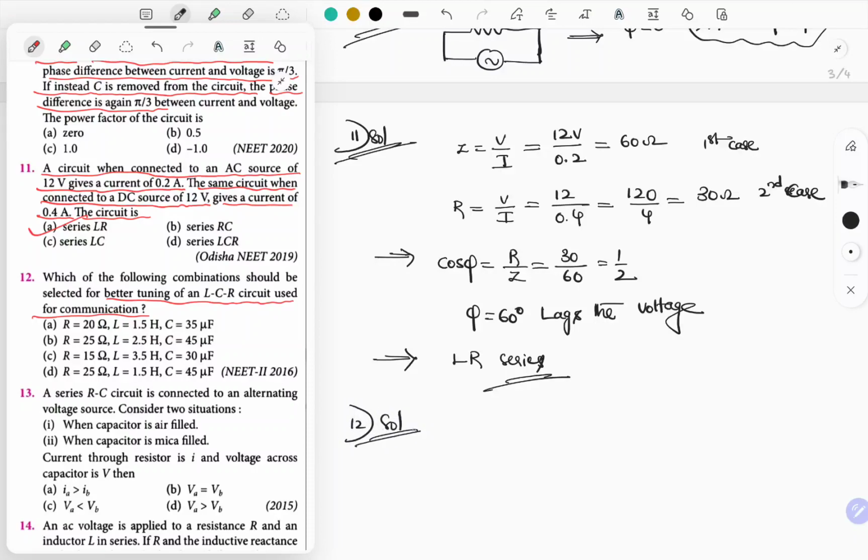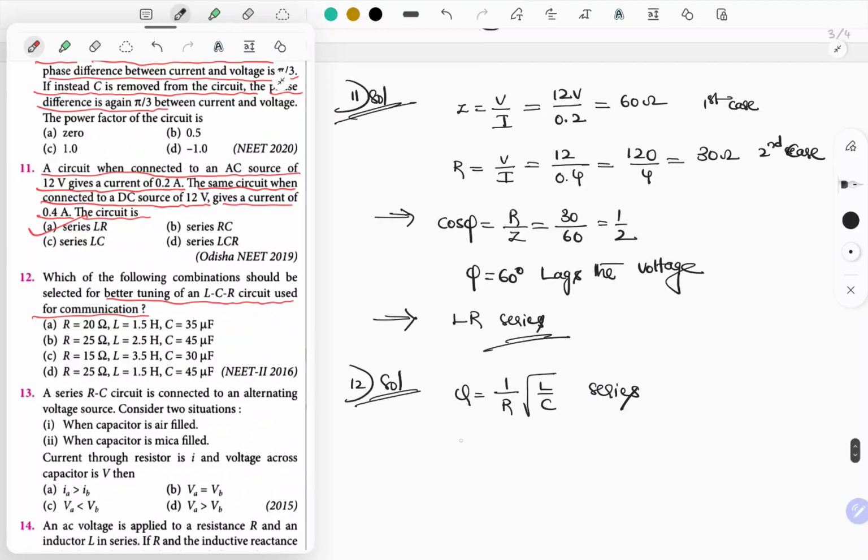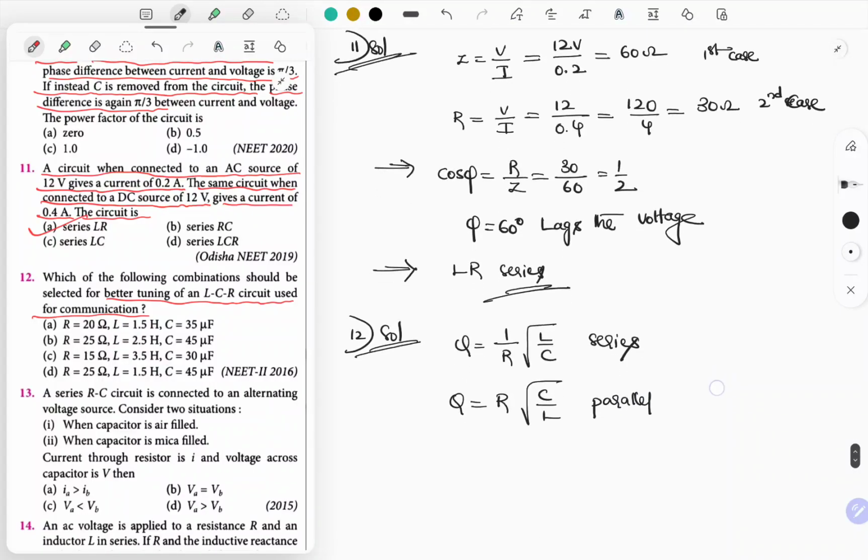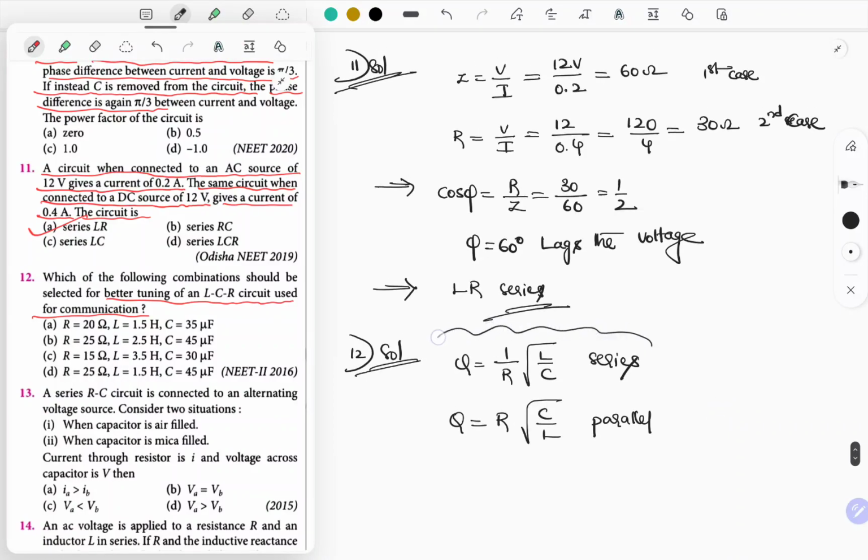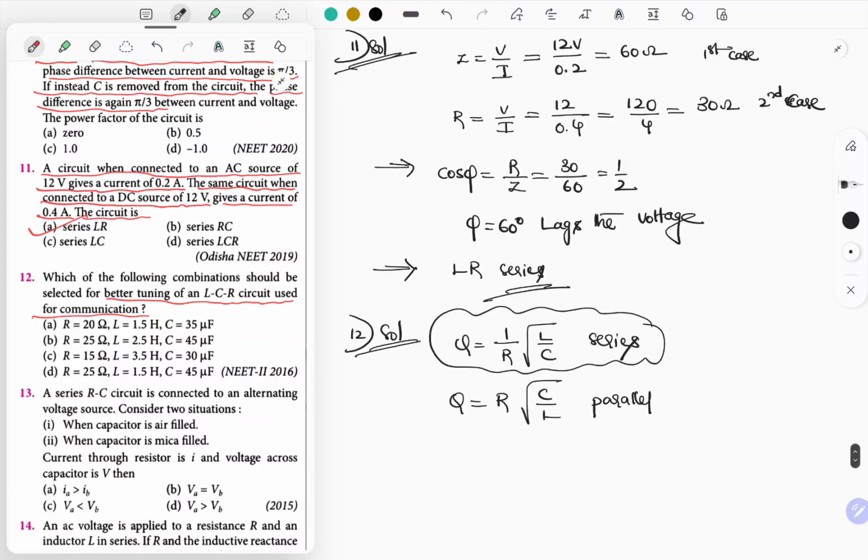The formula for quality factor for a series combination is Q equal to 1 by R root of L by C, and for a parallel combination it is R root of C by L. Since we are solving numericals based on series combination, I have to choose Q equal to 1 by R root of L by C.